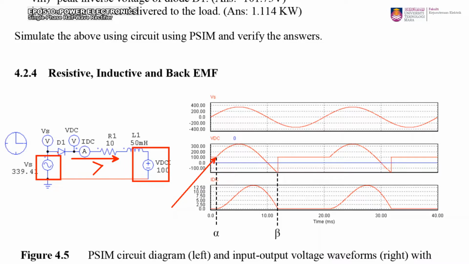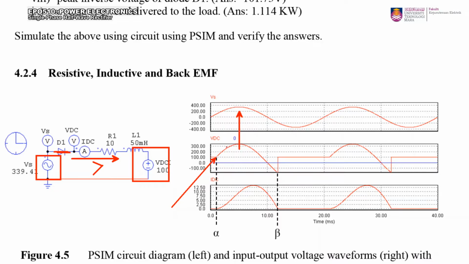So the diode will be turned on, and now it will appear as a short circuit. At this point, VDC will be equal to the supply voltage. After that intersection, you're going to see that VDC actually follows the supply voltage.